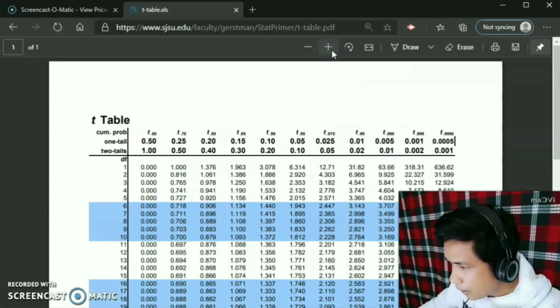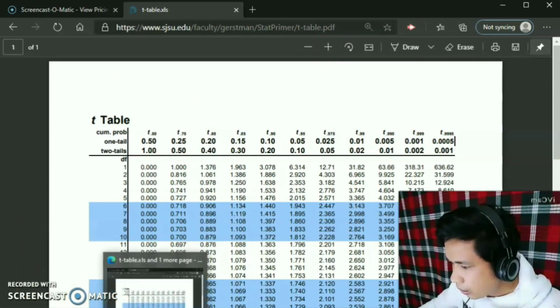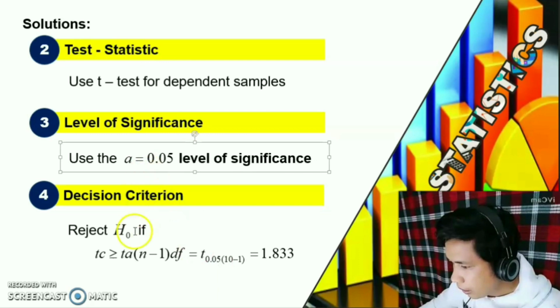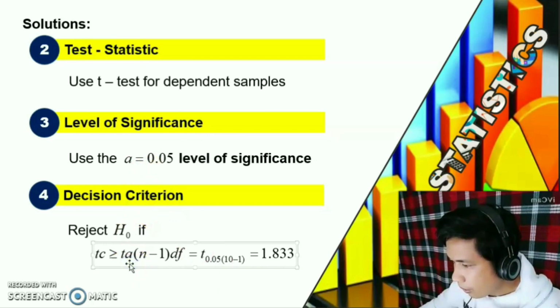We have now our T table. Notice on the previous slide, we have our 0.05, which represents our alpha, as indicated here in the formula, while 10 minus 1 represents our n minus 1, which is 9. So we will take note of the values 0.05 and 9.